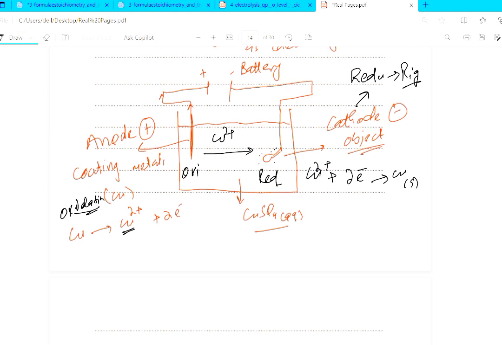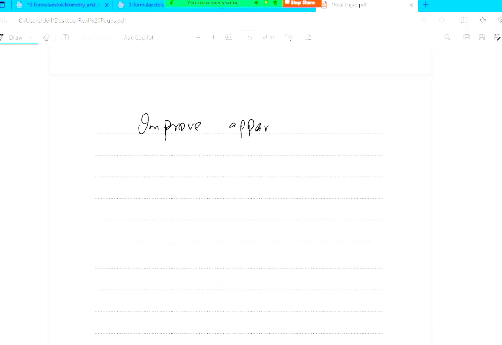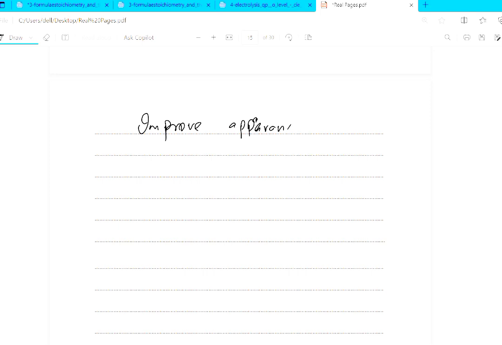So why do we use electroplating? We use electroplating to make something appear good, to improve the appearance. The second thing is to avoid rusting.